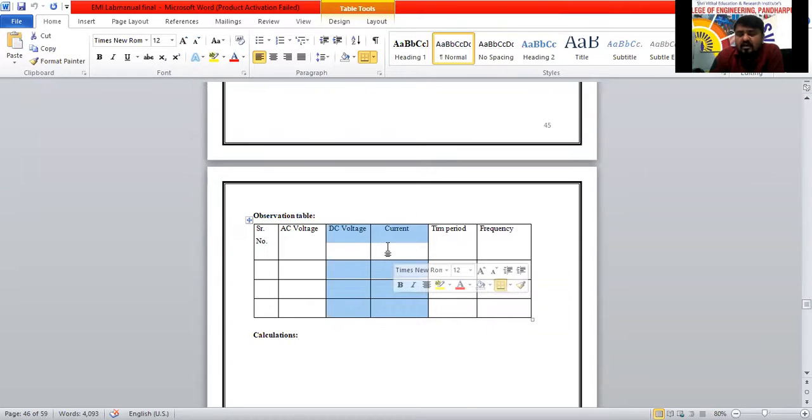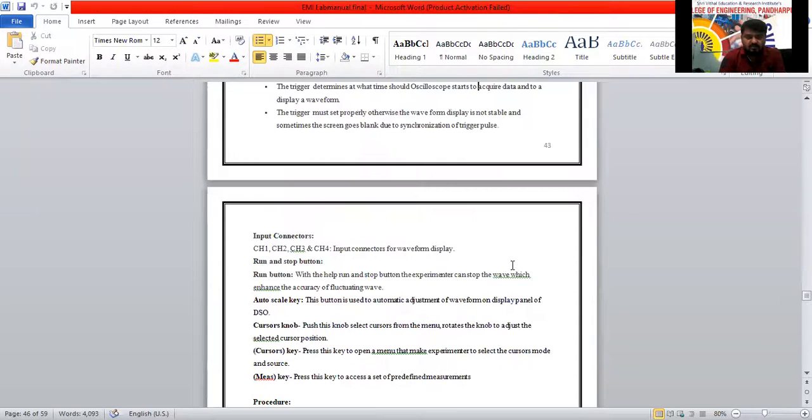Here we are going to discuss how to measure AC voltage, time period, frequency, peak to peak value, V minimum, V maximum, and VRMS. Today in the laboratory we are going to measure Vmax, VRMS, and all these things.